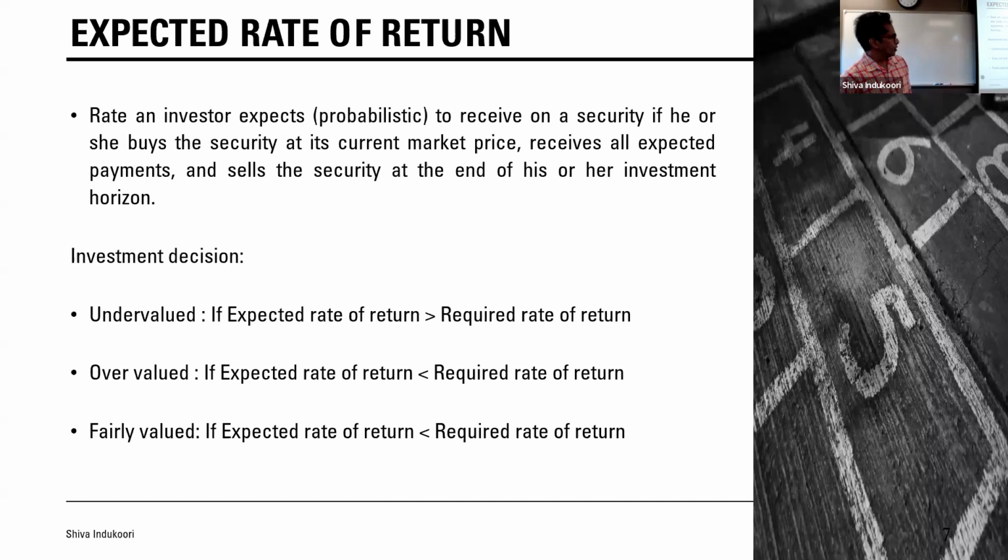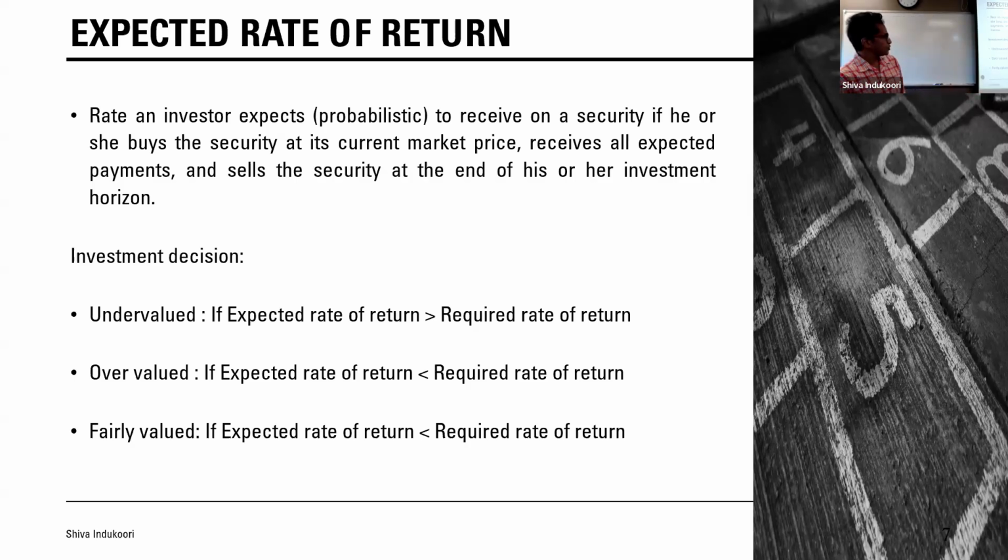As I told you, required rate of return is what you want, and expected return is what a security can give you. If it is a fixed coupon rate bond, there is no probability. But if the bond promises you a floating rate where your coupon payments are based on interest rate changes, then you have to assign some probabilities. If it is fixed rate, there is no probability here. 100% you will be receiving the mentioned coupons.